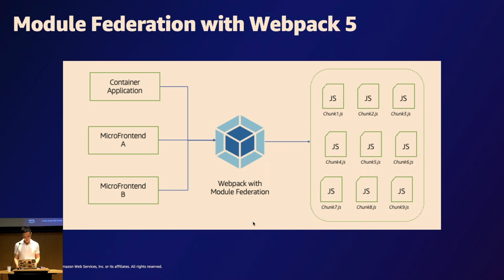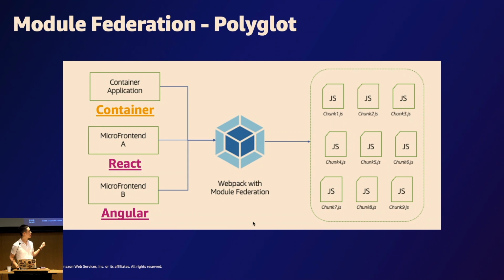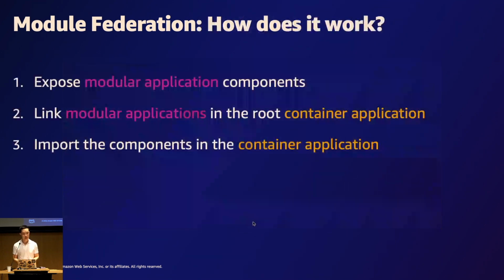To continue using my example from previously, we have a container application that acts as, you can think of it as, the house of the micro frontends, and we may have micro frontend A and micro frontend B written in different frameworks. But that's fine, because for Module Federation to work, all we need to do is expose the modular application, then link these modular applications in the container, and finally simply import the components in the container application.